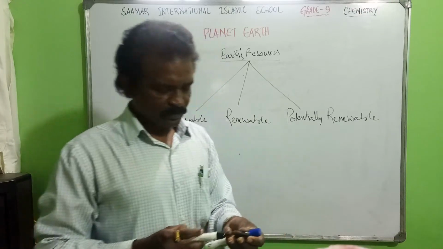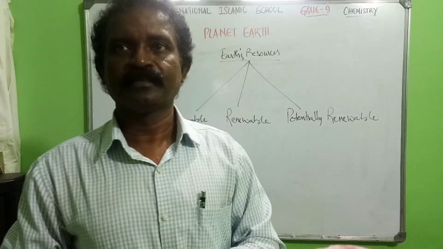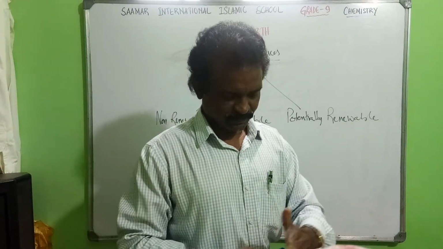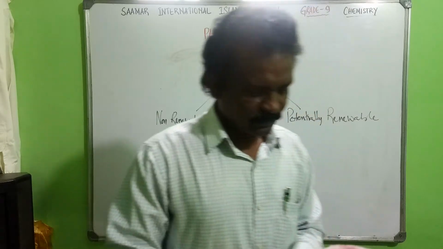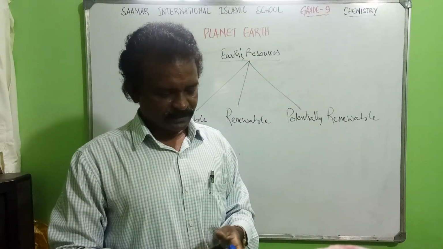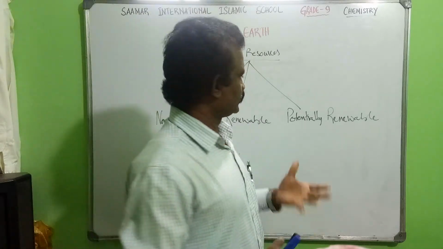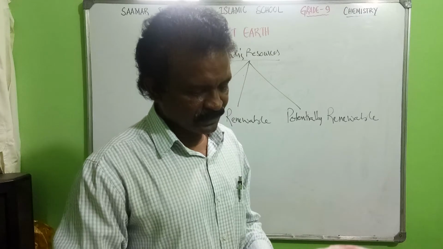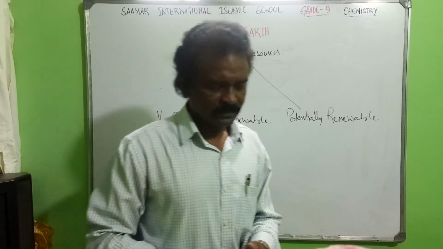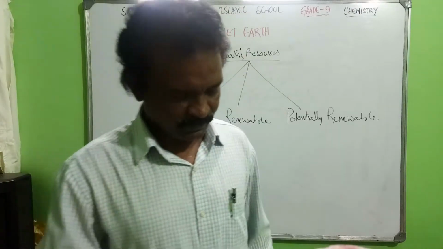Now what is a resource first? The material that we get from the environment for our needs is called a resource, correct? Next, material resources are broadly classified into three. In this, non-renewable are those that exist in a fixed quantity.